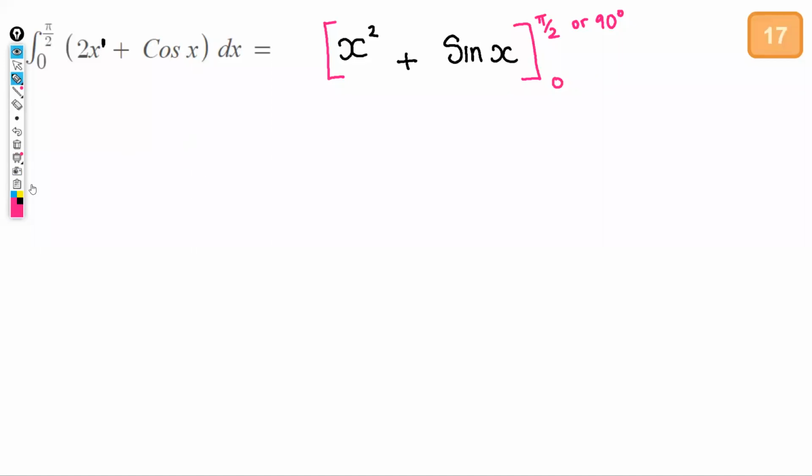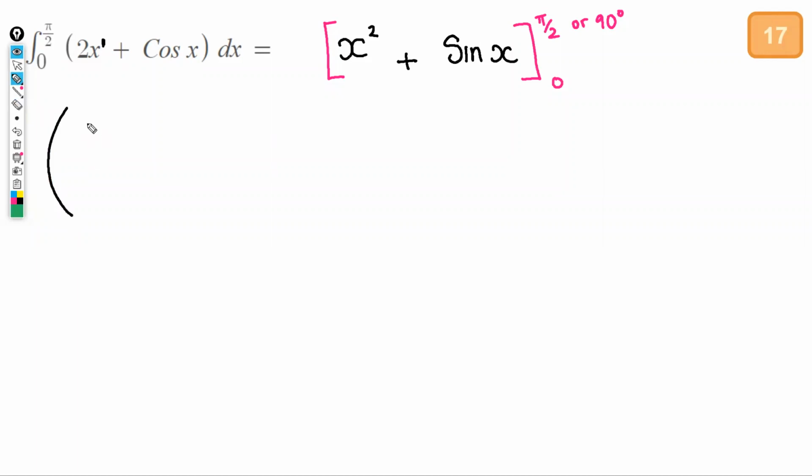Let's substitute in the values and see what we get. Substituting pi on 2 first. That whole thing, I should probably get some different colors here because it can get confusing. And the first pair of brackets, I should put up big brackets here. Then you get what?